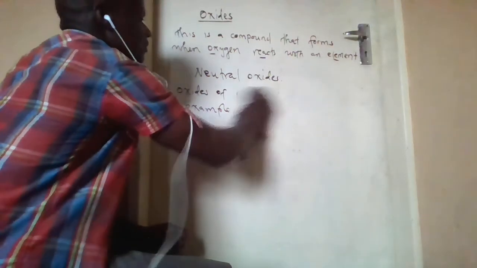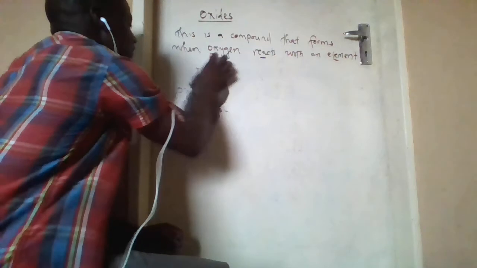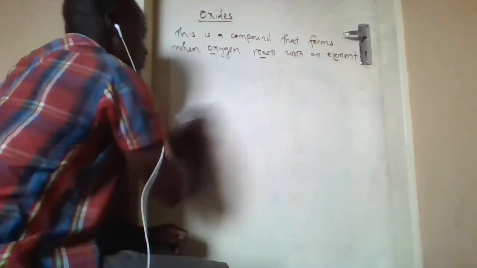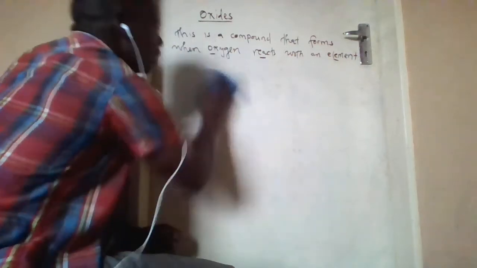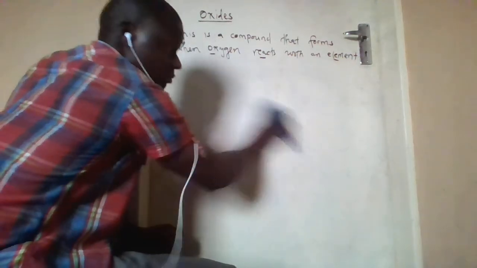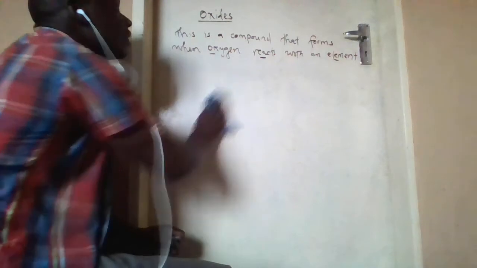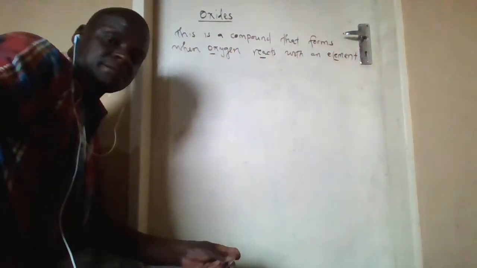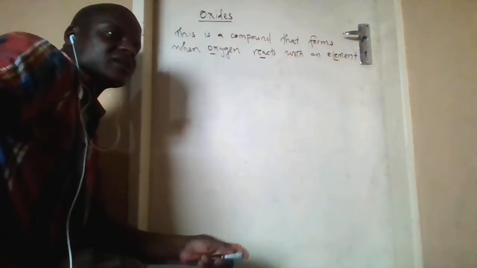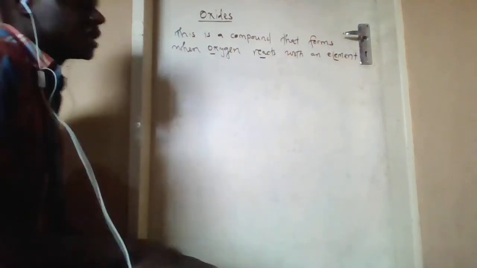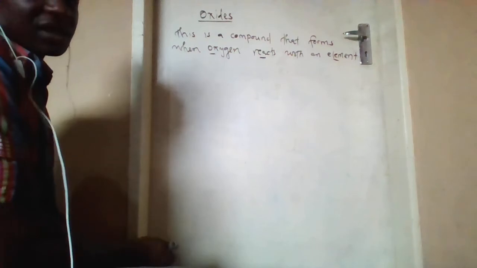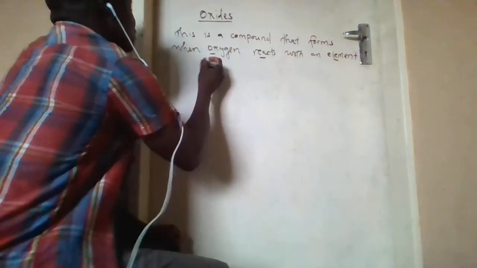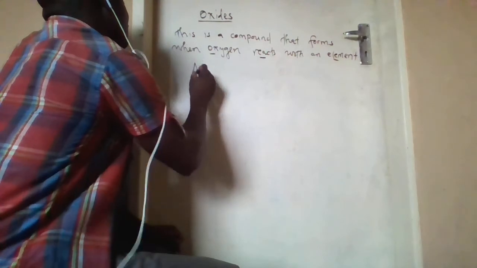So these examples must stick at the back of your mind. One, we've got water, which is dihydrogen monoxide, H2O, and then the other one is carbon monoxide, CO. We have nitrogen monoxide. We also have dinitrogen monoxide. Those are examples of neutral oxides. Then the last one is amphoteric.